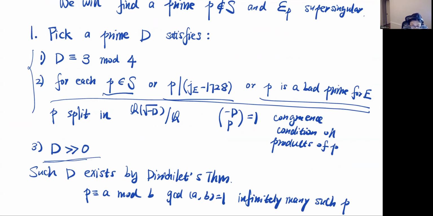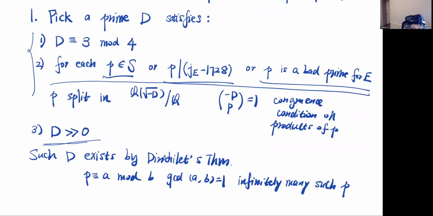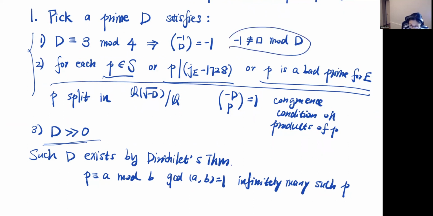Another thing I want to note is that D being 3 mod 4 tells us that minus 1 is not a square mod D. This will be of important use, this is a punchline, in our proof.